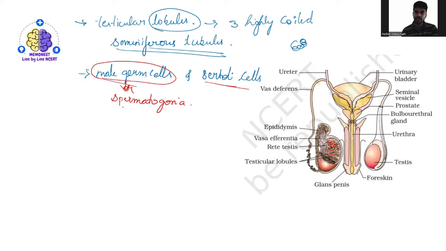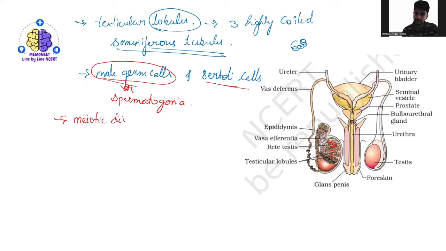Now, the male germ cells, or spermatogonia, what type of division do they undergo here, mitosis or meiosis?